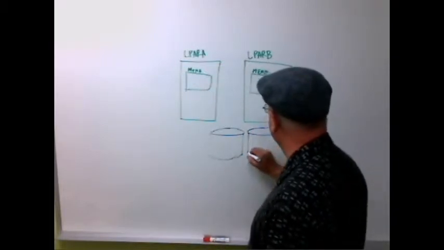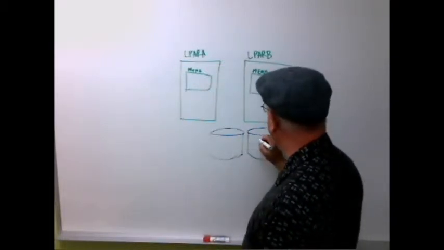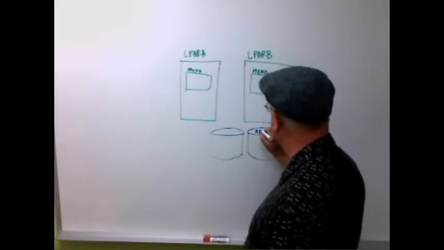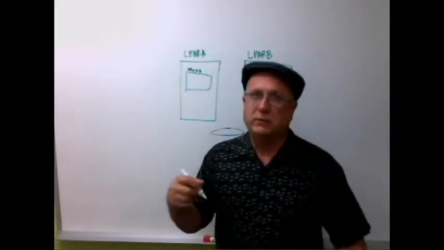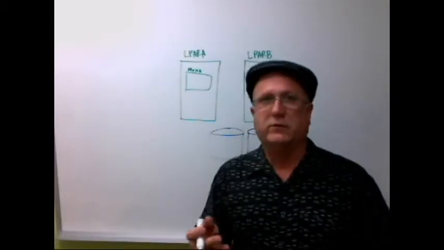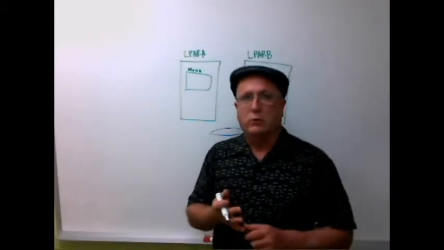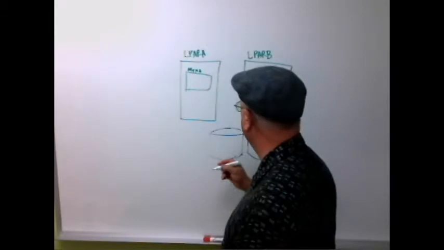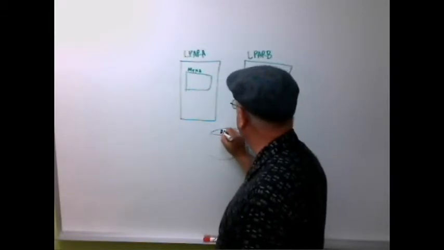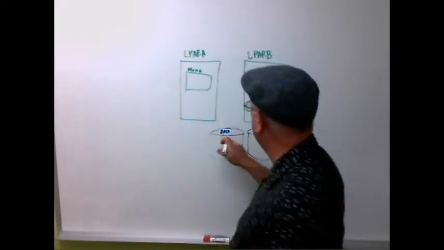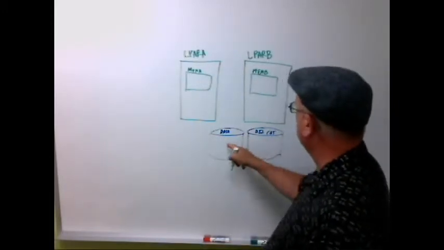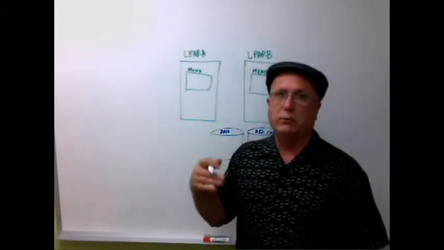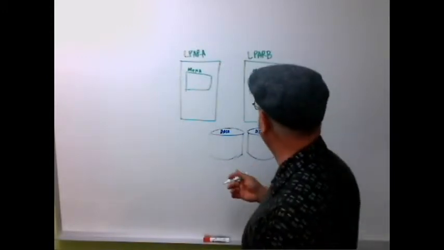Actually, I'm going to draw the data as well. So here's our DB2 catalog, and then here is the corresponding data. You understand what I mean by that: this is the underlying structures, which would be the index spaces and the table spaces. So I'm going to have the data aspect over on this side. This is only defined one time. You only have to have this one time in the data sharing environment.